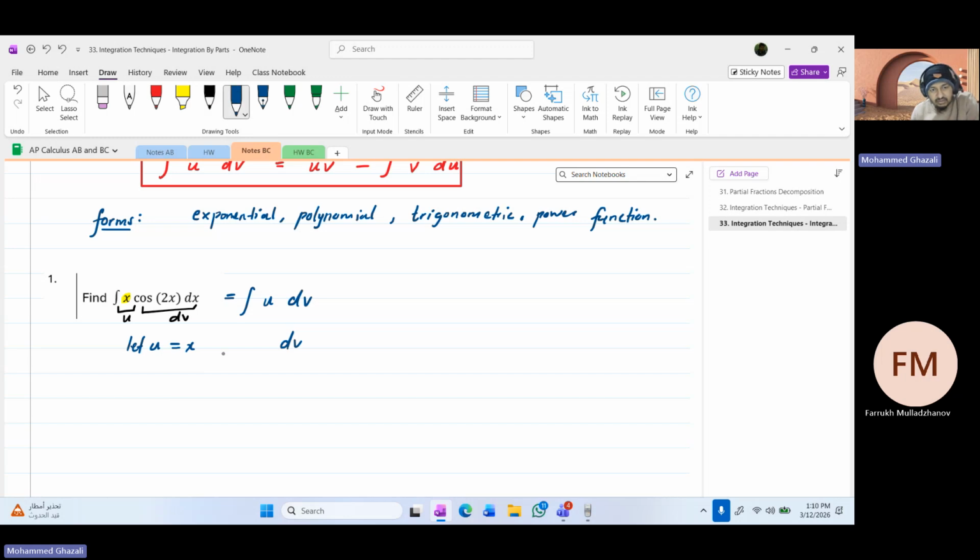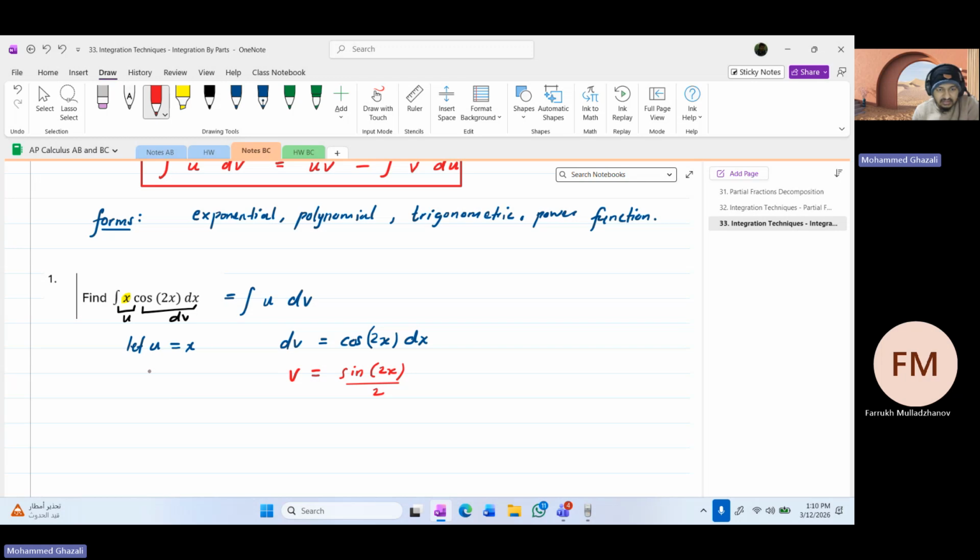Let u equal x and dv equal cos 2x dx. Now we differentiate and we integrate, because we want to solve for v here. So v is equal to the integral of cos 2x dx, which is sine 2x over 2. No plus c here. You only put a plus c at the end.